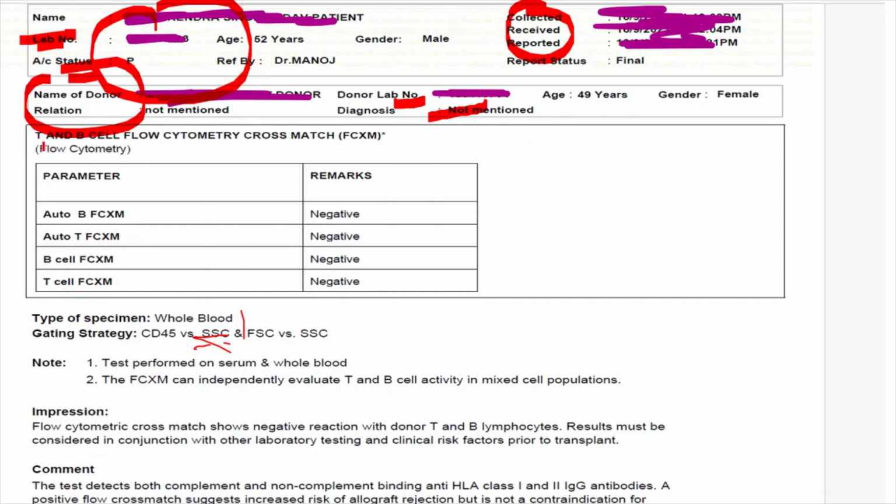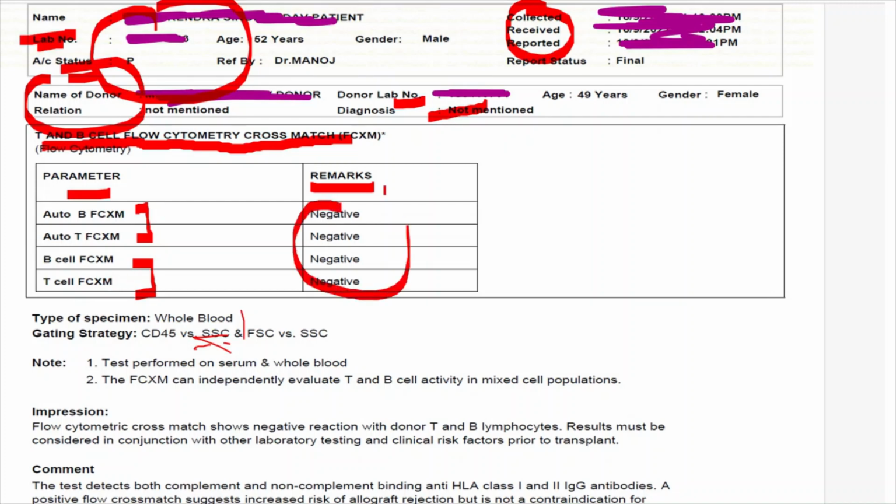In the first line, you can see T and B cell flow cytometric cross match report. The parameters are given this side, remarks this side. First is auto B flow cross match, auto T flow cross match, B cell flow cross match, T cell flow cross match. Overall, it is given as negative. So we will see what this indicates.